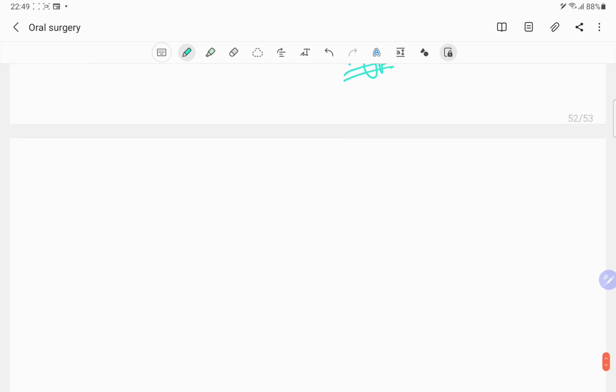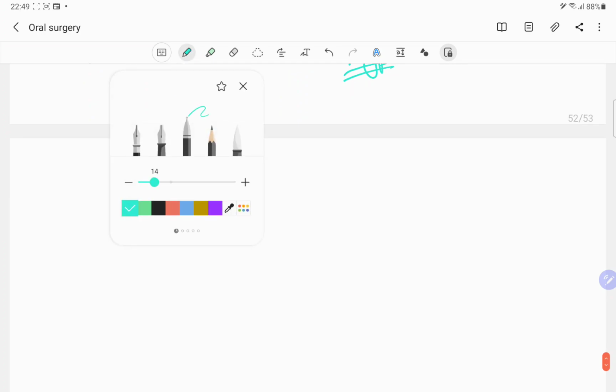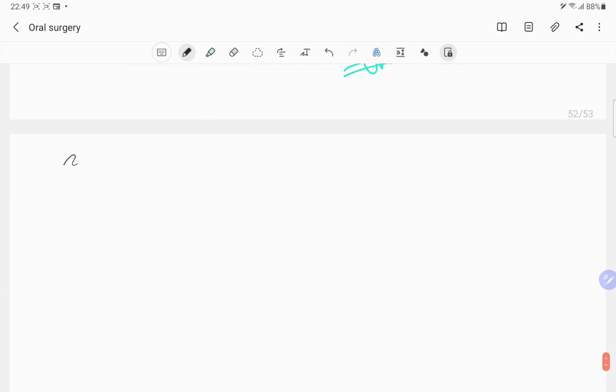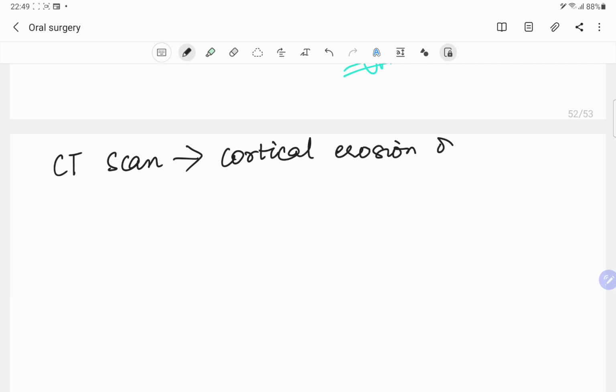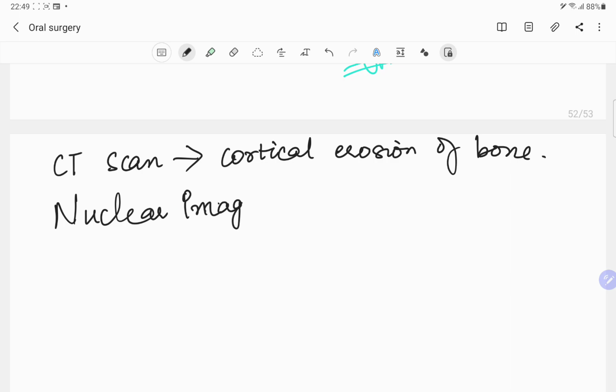Now talking about the diagnosis, how we diagnose osteomyelitis is basically a CT scan. You will find that there is a cortical erosion of the bone. Also, you can do nuclear imaging with the technetium-99 scan.